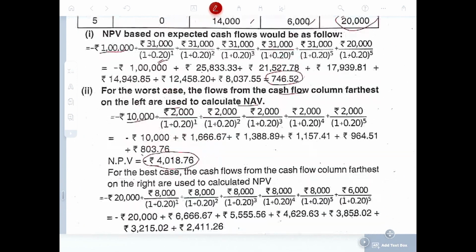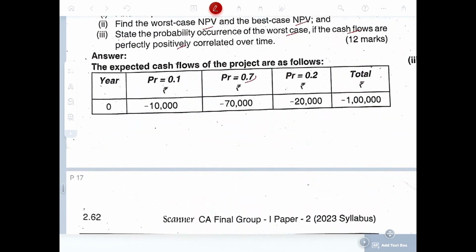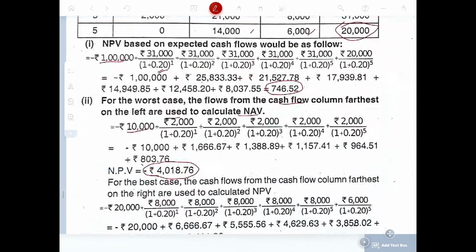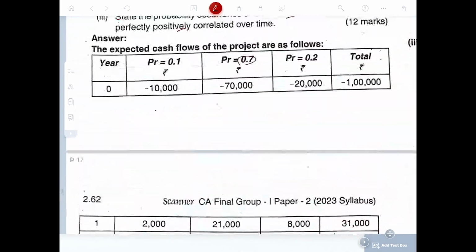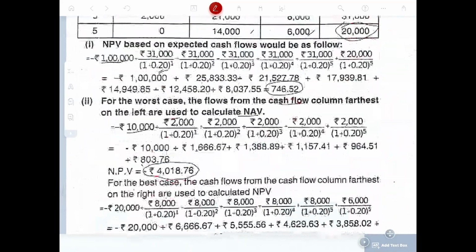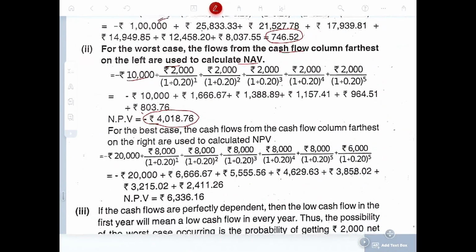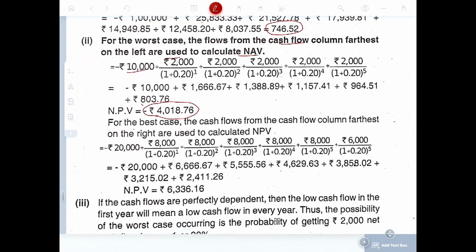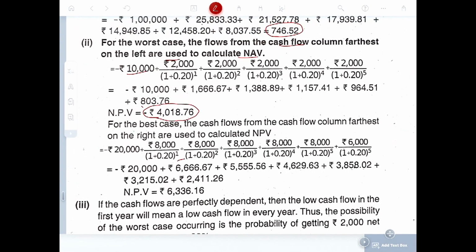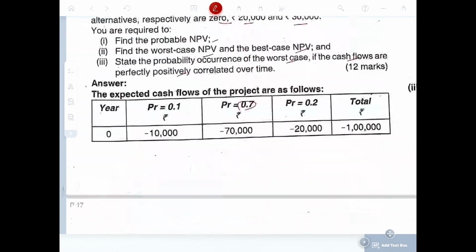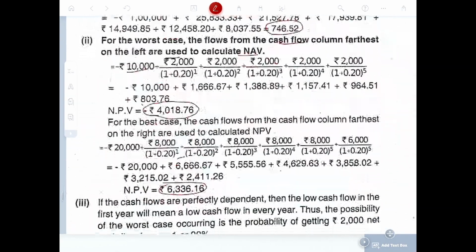The best case scenario is 70%. Taking 21,000 divided by 0.2 percentage, with the best case 8,000 and 0.2, we get 6,000 rupees profit, because 20,000 invested gets a return of 6,000.